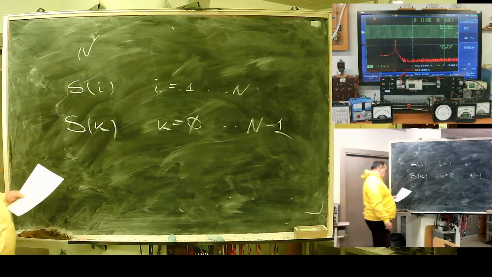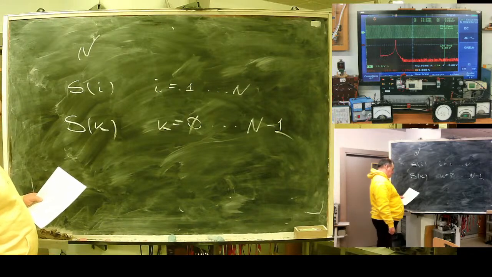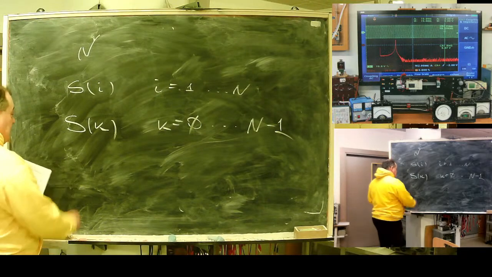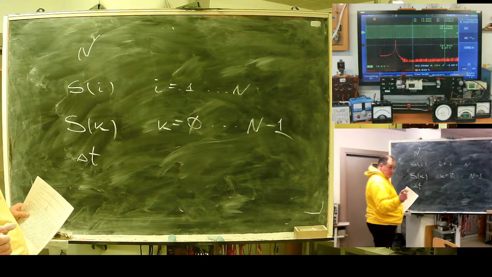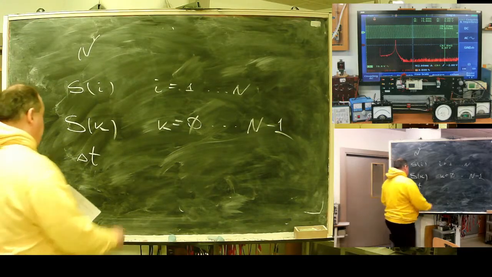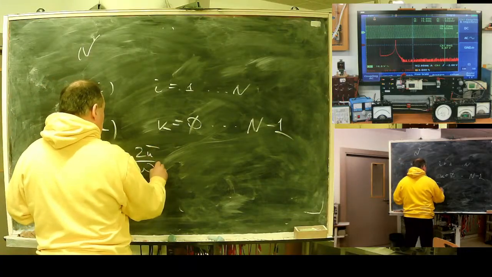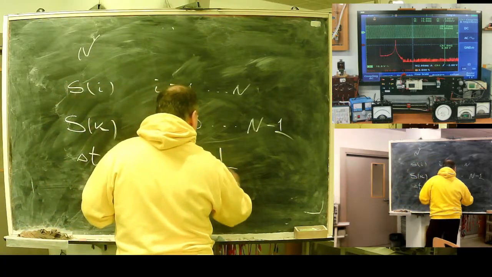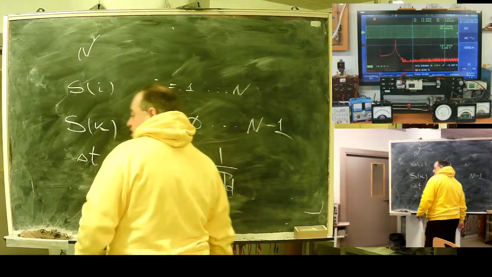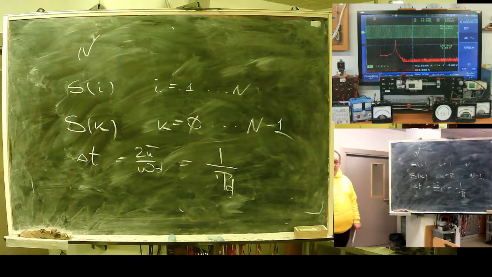Measurements of the original signal are taken with the time spacing of 2π divided by omega sampling, or 1 divided by Td. Td is 1 divided by the sampling rate. It's the space between samples.